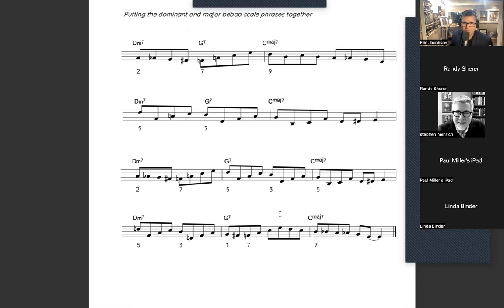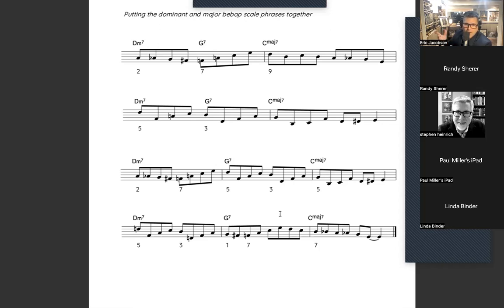Obviously, it's good for your practice to start in one key and review all the scale degrees descending on the dominant bebop scale, review all the scales descending on the major bebop scale, review the arpeggios in the dominant and major, review the enclosure, add the practice of just playing a dominant, utilizing all of that. Same thing with the major. And then take one-measure ideas based in G7 and play.